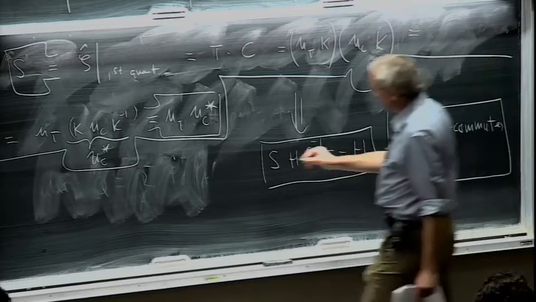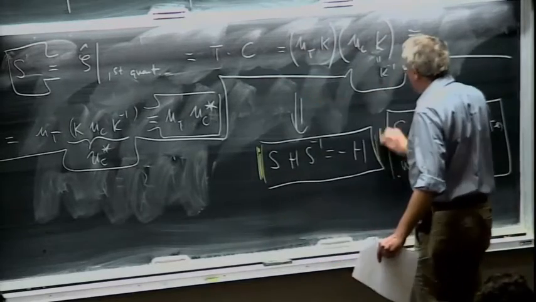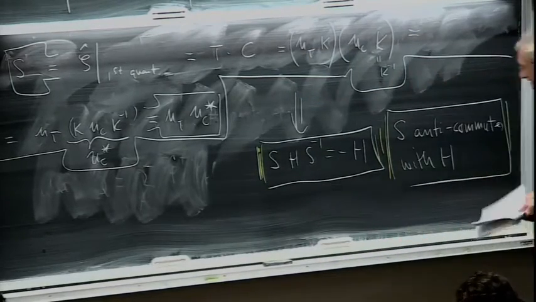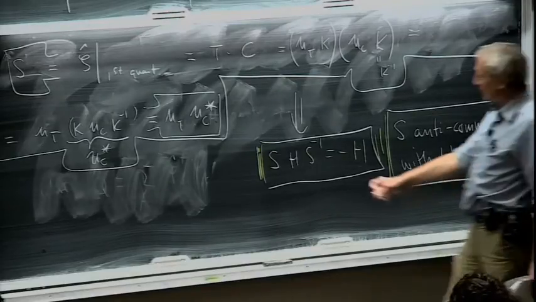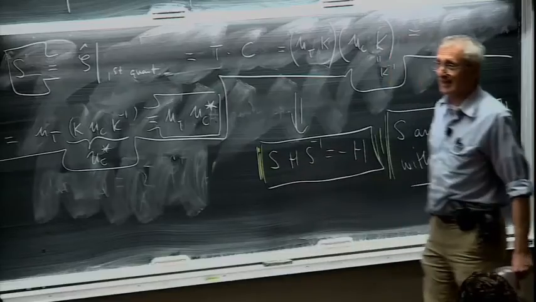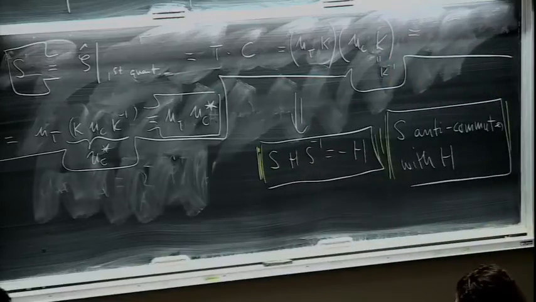If this S is a symmetry, then it's a peculiar symmetry. It's not what we usually call a symmetry in first quantized quantum mechanics. It's an operator that anti-commutes with the first quantized Hamiltonian. Right? Okay. Questions?